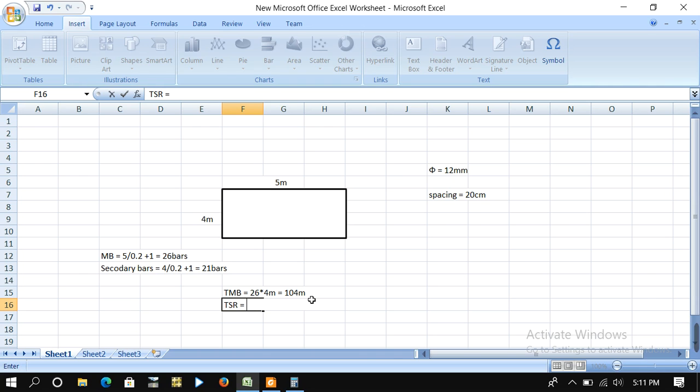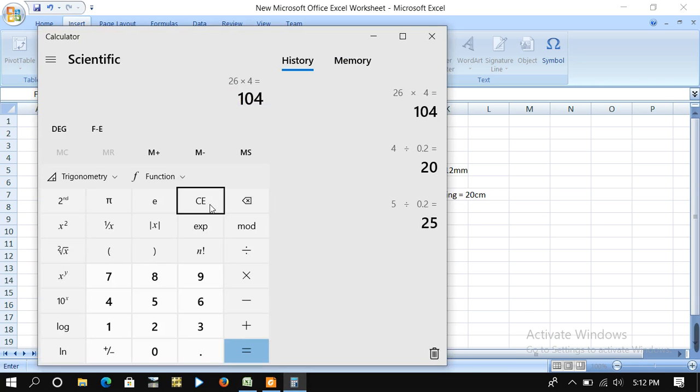The length of the longer direction is 5 meter. So it's going to be how much? 21 multiplied by 5 meter, 105 meter. So it's going to be 105 meter.